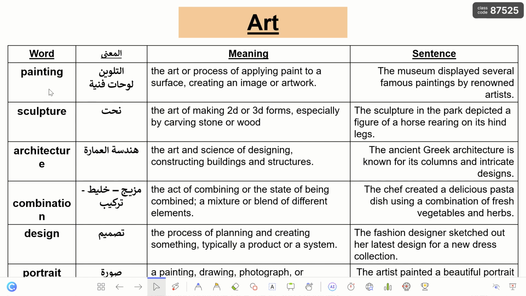It's the art of making 2D or 3D forms by carving stone or wood, اللي هو النحت. Architecture, هندسة العمارة, the art and science of designing, constructing buildings. Combination, مزيج, خليط, تركيب, so you combine or mix two things, blend different elements together. Design, تصميم. Portrait, اللي هي الصورة, painting or drawing or a photograph.